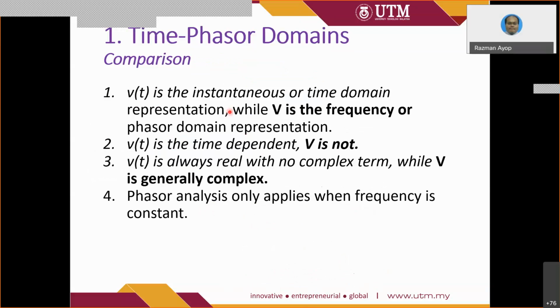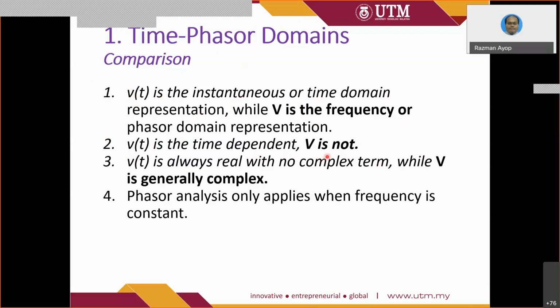This is the theory for time and phasor domain. You have to know the comparison, so this one you have to memorize. V(t) is instantaneous or time domain, while V is in frequency domain. V(t) is time dependent, so the value of V(t) is changing with time, but V in phasor domain is not.